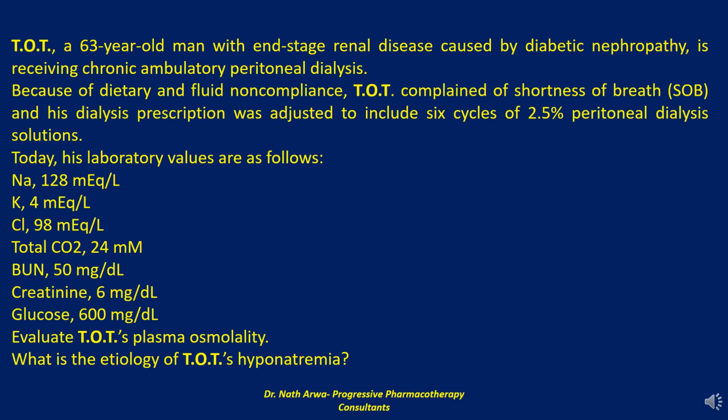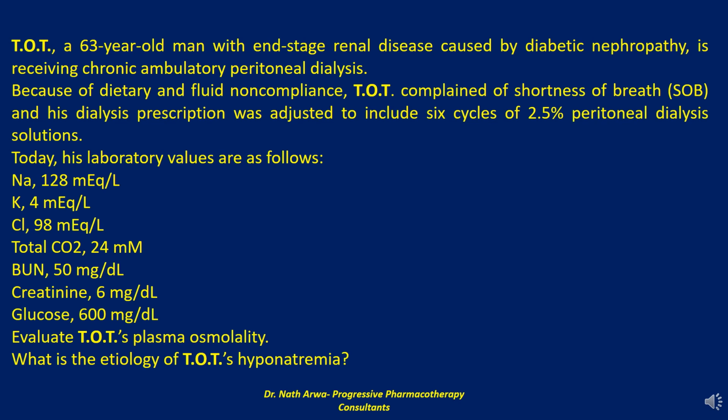Because of dietary and fluid non-compliance, TOT complained of shortness of breath, abbreviated as SOB, and his dialysis prescription was adjusted to include 6 cycles of 2.5% peritoneal dialysis solutions.